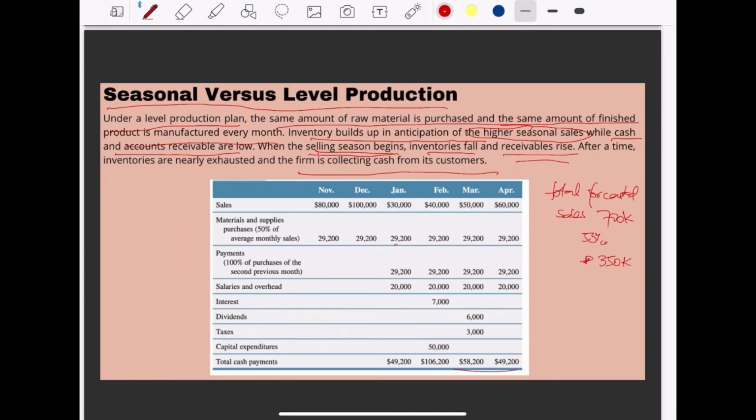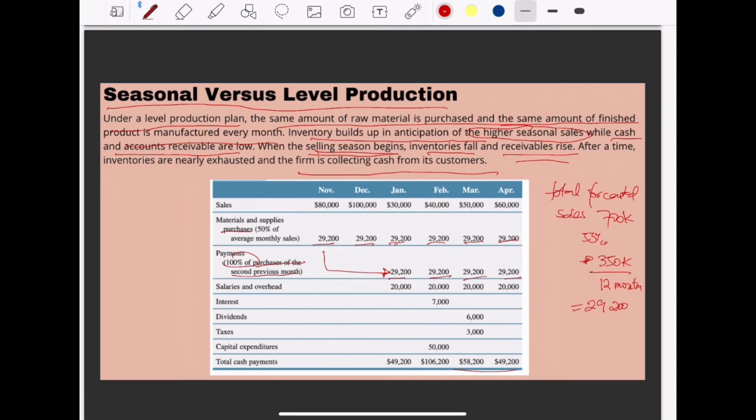So if we take it as a yearly based amount, we divide it by 12, we can then assume that the monthly purchase is 29,200. So that's 50% of the average monthly sales. So every month we'll have that amount: November, December, January, February, March, and April. And for payments, it will be the 100% purchase of the second previous month. So that will be on January.